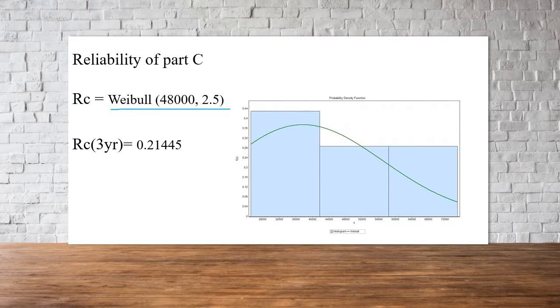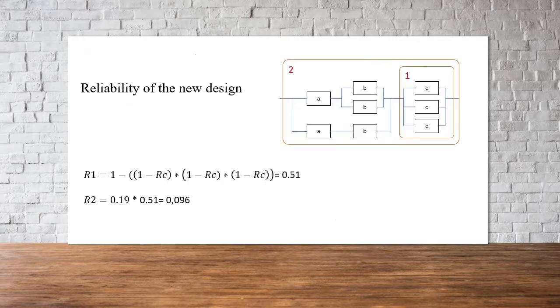And this is the one that I used, and the probability density function would look like this. So if we calculate the reliability for 3 years, it would be around 21%.